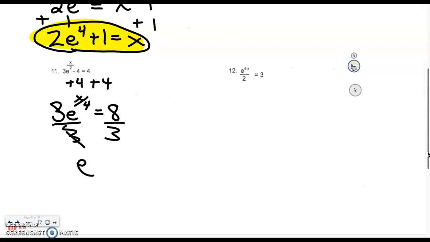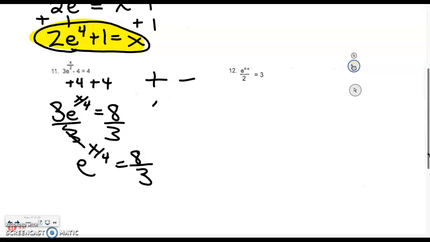The only difference here is how you get rid of that e. Do you guys remember from your notes? You know how adding and subtracting are inverse operations and they undo each other?